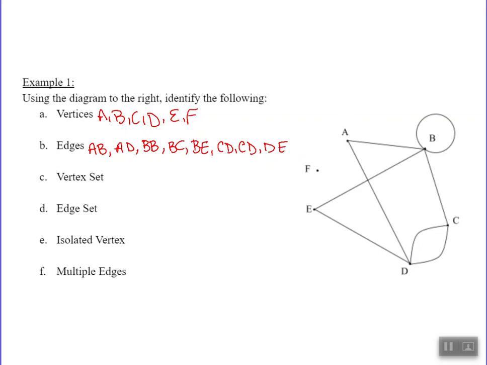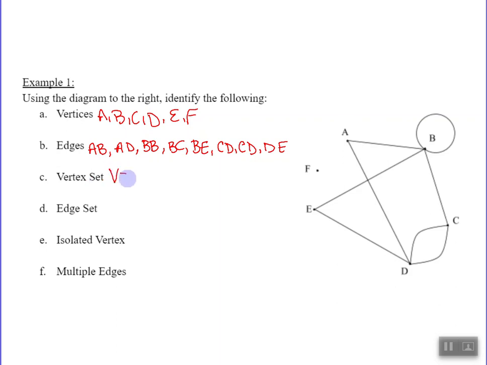You can write them in any order. I think it's most efficient to go in alphabetical order to make sure that you don't miss any edges. Now, if you're using formal notation, your vertex set means you're writing it in set notation with curly brackets.